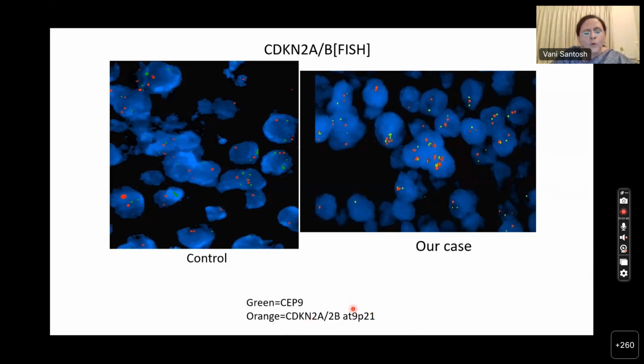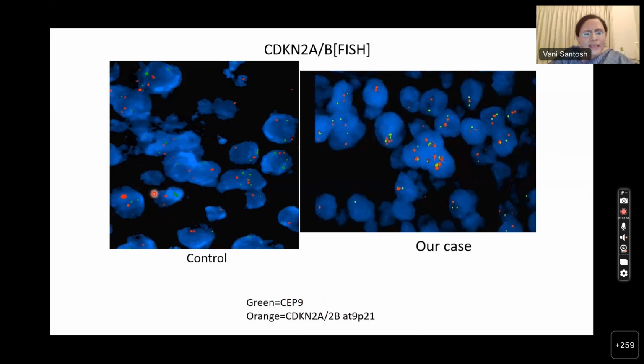Here we use a probe targeting this gene, CDKN2A/B, located at 9p21, and that is labeled by spectrum orange. So it will give an orange color, and the control is on the centromere of chromosome 9, that is CEP9, and that is labeled by green.